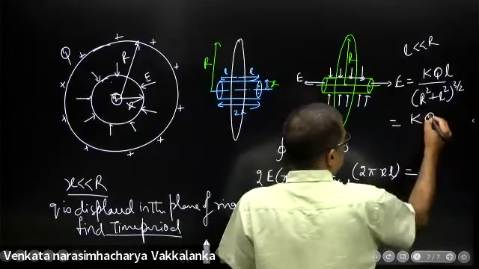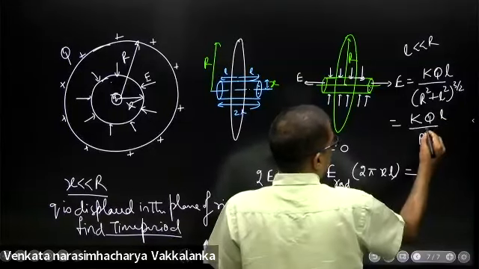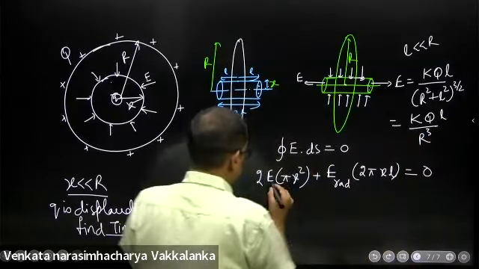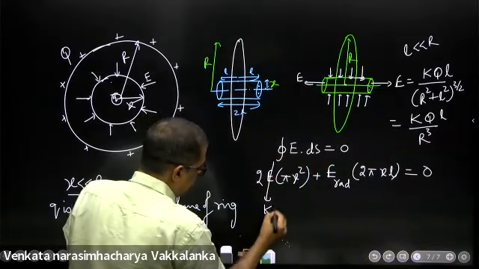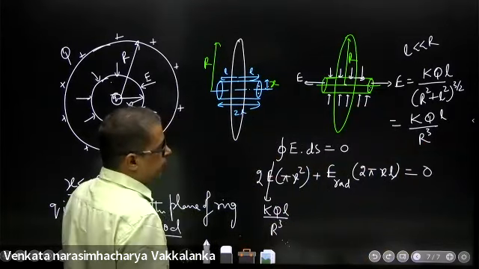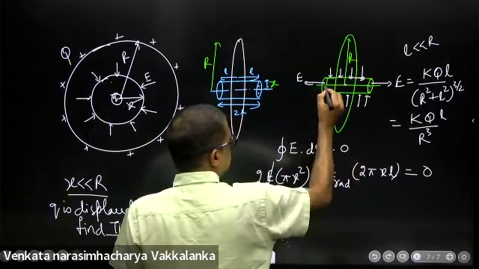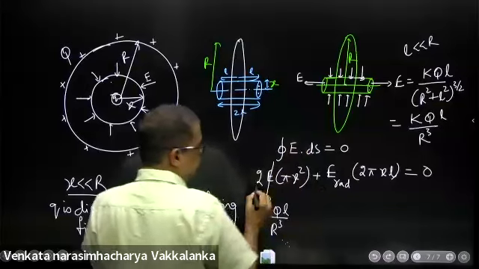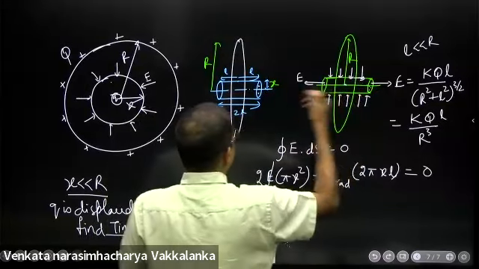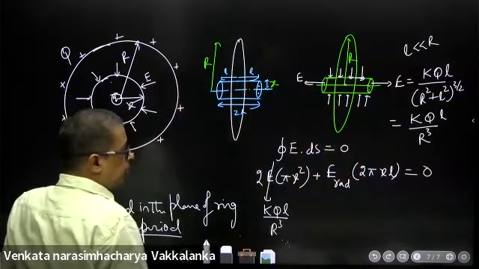This will be KQL by R cube. Now this field will be KQL by R cube, into pi x square, 2 times. This radial inward field into the curved surface area 2 pi x.